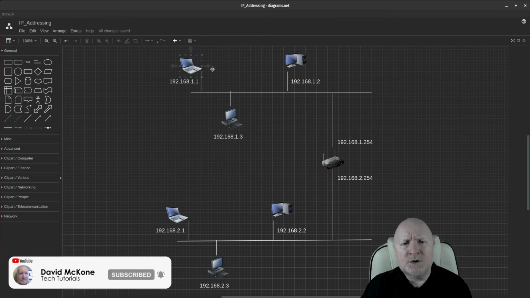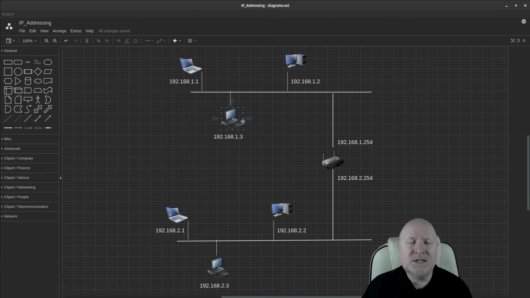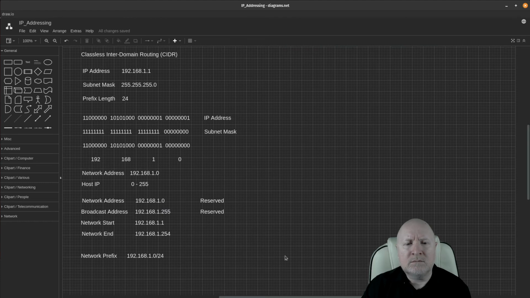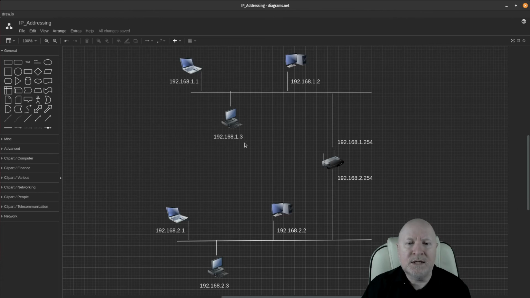So if this laptop wants to talk to this PC here, it's going to have a look at this IP address. It's going to find out that to communicate with that computer, it needs to talk to 192.168.1.3. Now, if we go back to our calculations here, well, 192.168.1.0 is the actual network address here.